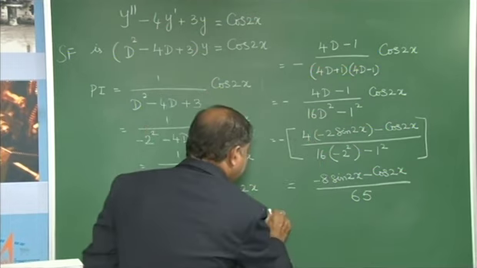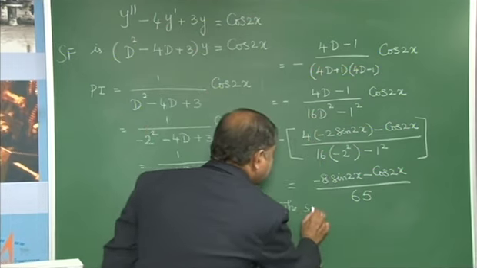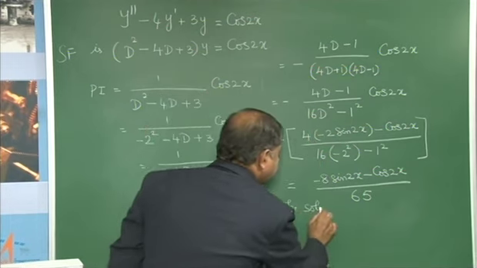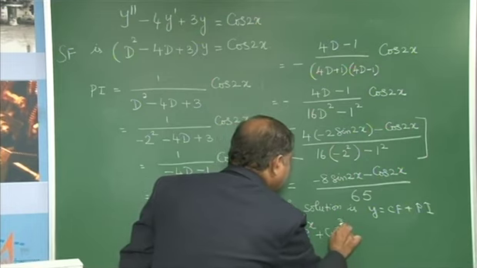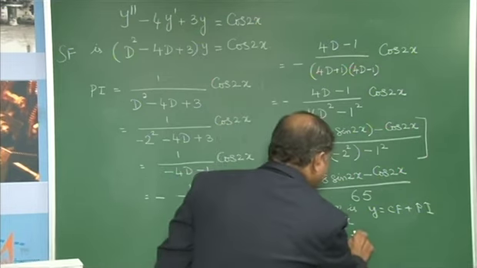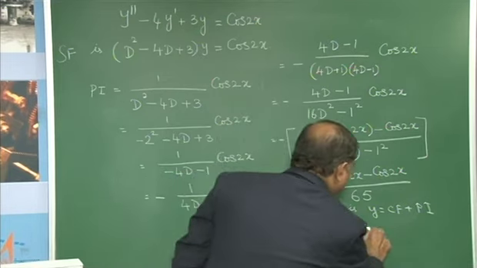Therefore, finally, the solution is y equals CF plus PI. Writing all the values: C1 e power x, C2 e power 3x plus minus 8 sin 2x minus cos 2x divided by 65. This is the solution.